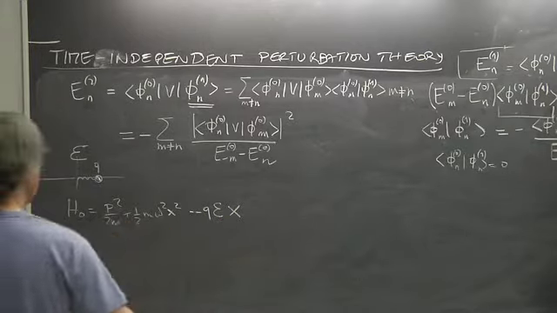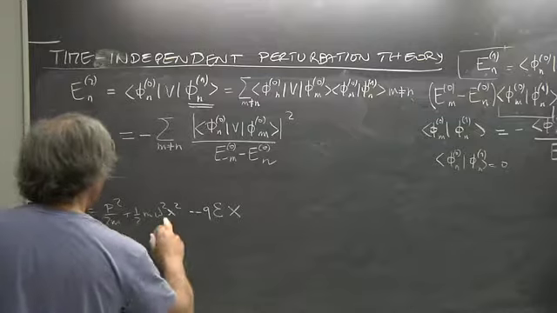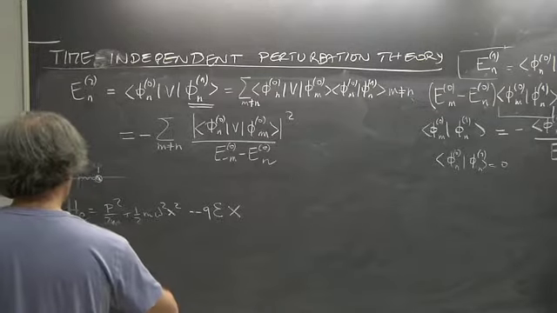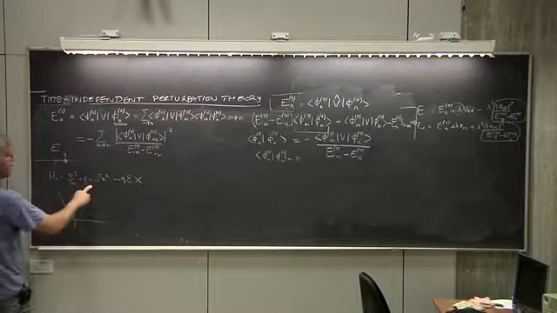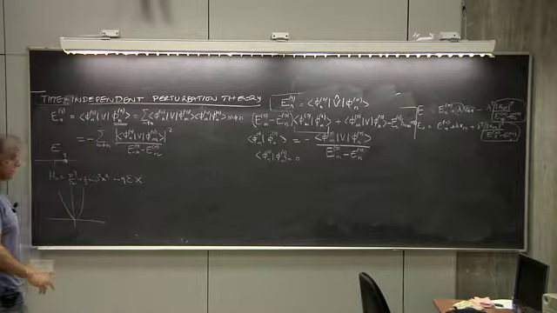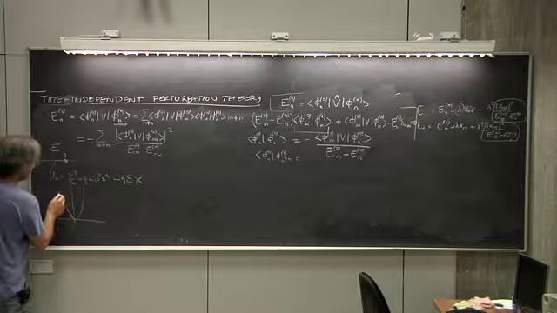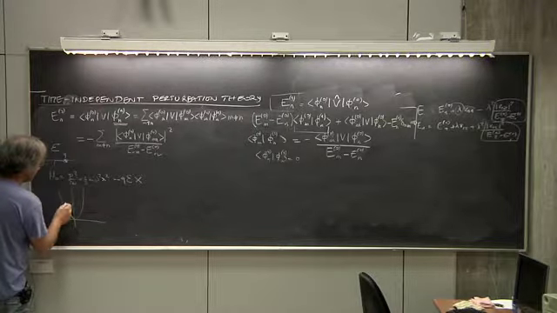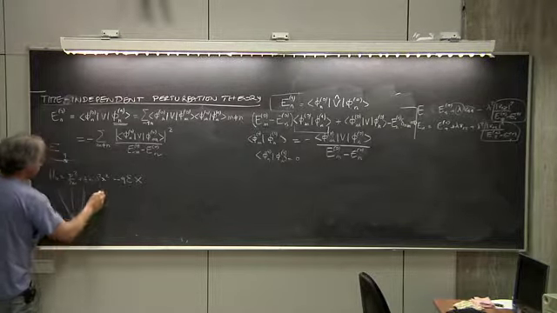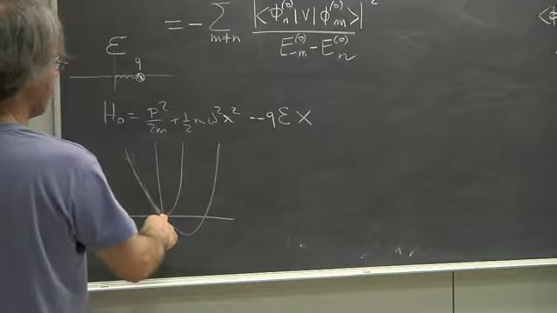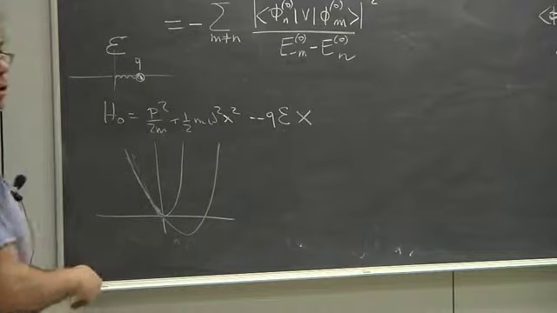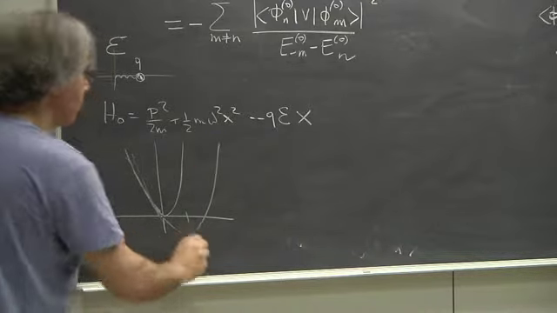So before I had here just a harmonic potential, now I have harmonic plus a linear term. And you realize that this is in general something like this. Okay? It's still a parabola, but shifted now from having a minimum in the origin to having a minimum somewhere else.